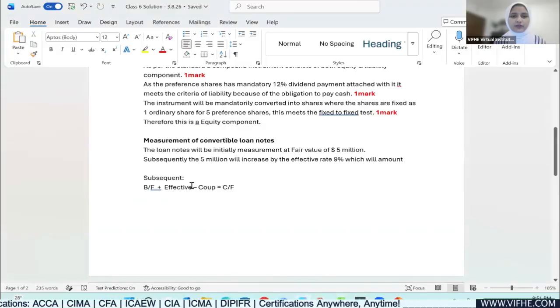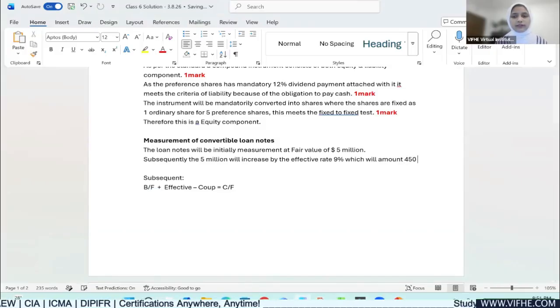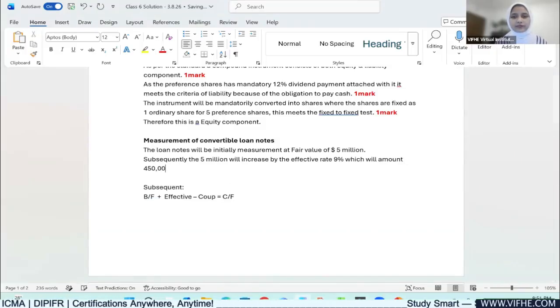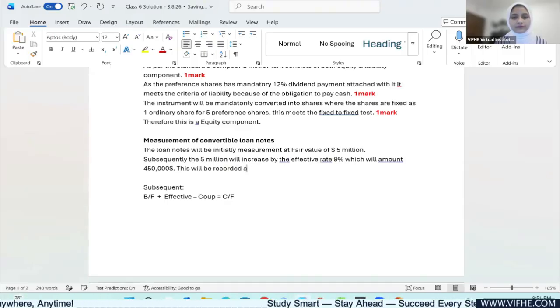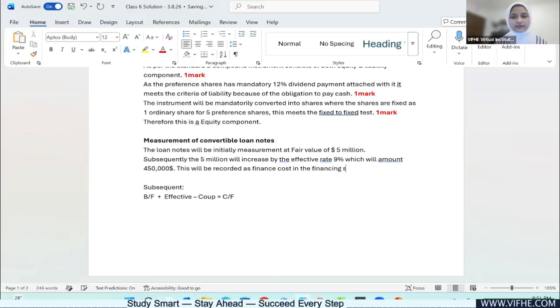So subsequently, the 5 million will increase by the effective rate 9%, which will amount to $450,000. This will be recorded as finance cost in the financing of the PN.